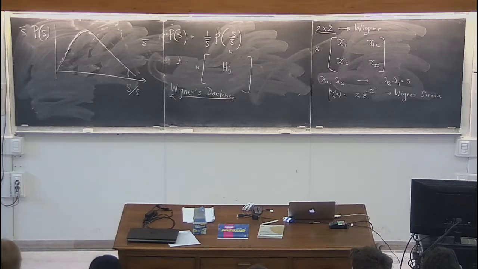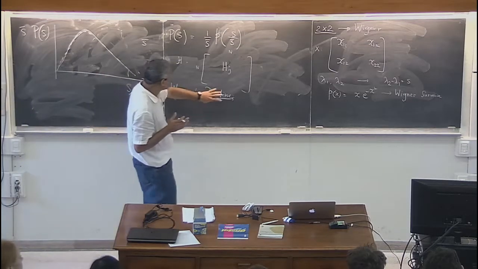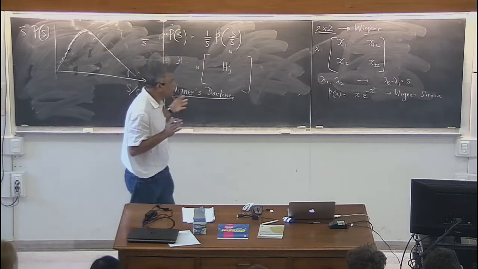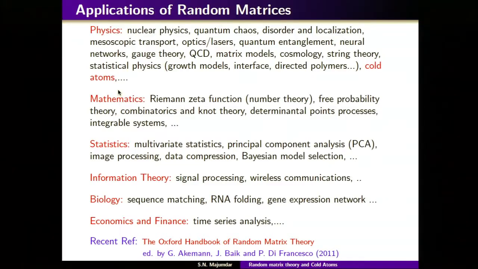And it's not just nuclear physics; it goes much beyond nuclear physics. Any system which has some kind of matrix description, this Wigner's doctrine might be very useful. And this was indeed the case, as you see from this list of some of the applications of random matrices. I started with nuclear physics, and then quantum chaos, disorder and localization, and you will hear some of these stories from the talk of Marcus Muller and other people.